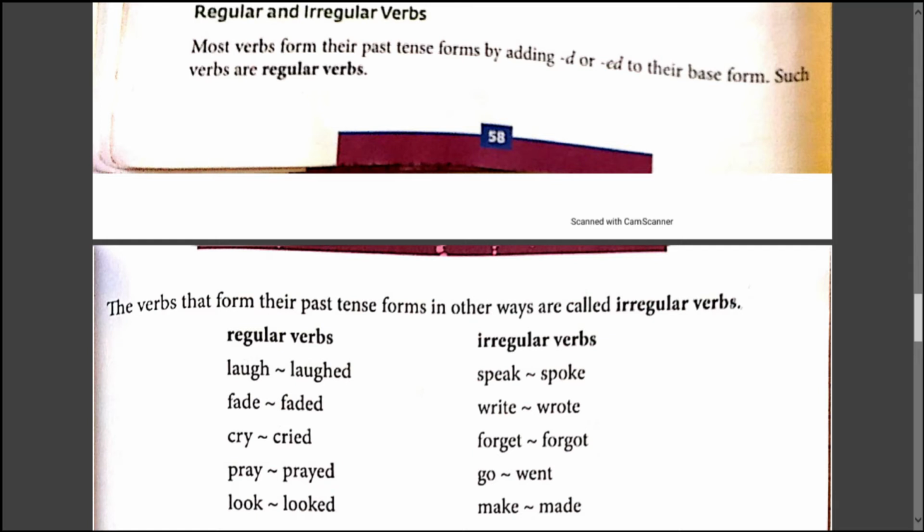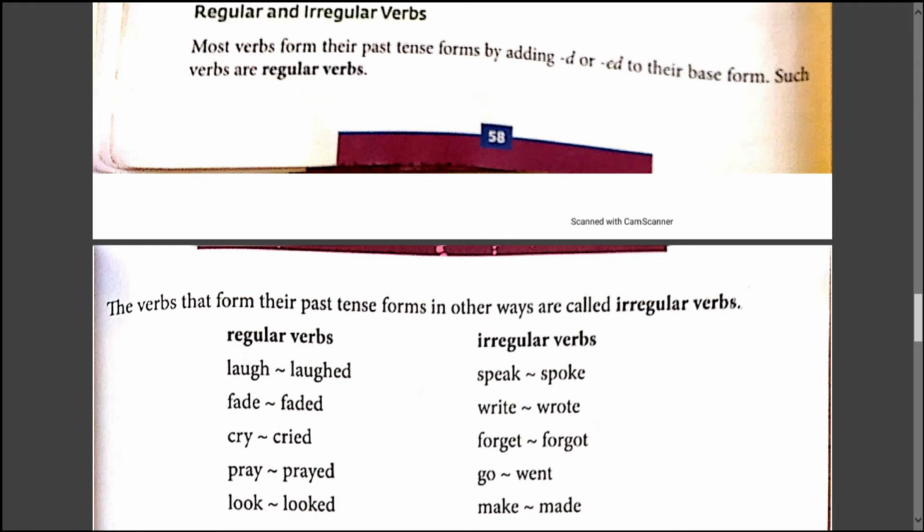Now here cry, cried. You removed y and added ied. So here the rule of y goes on. Pray, prayed. You added only ed. Look, looked. Once again I am reading: laugh, laughed, fade, faded, cry, cried, pray, prayed, look, looked.